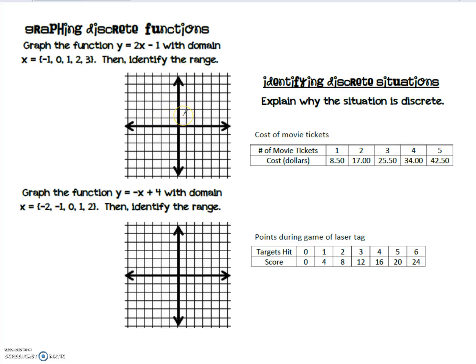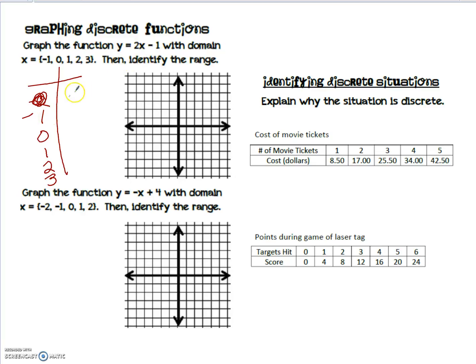Let's look at some examples. We're going to look at the discrete side first. We're just going to do like we have been doing. They've given you the x's they want you to use, which is different than what we have been doing: -1, 0, 1, 2, 3. Our equation is 2x plus 1.